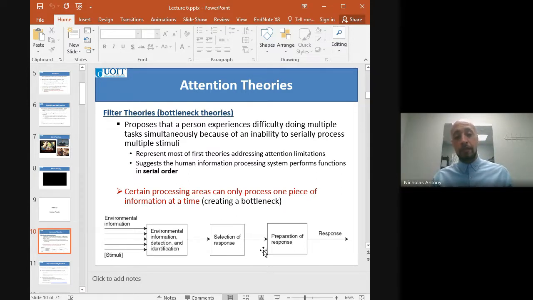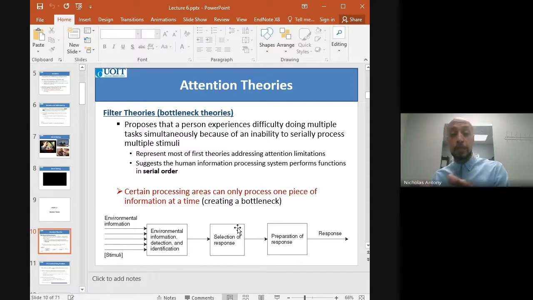So here we have a hypothetical schematic of what the brain would look like. We would have an area that's able to detect all of our sensory information, internally and externally, but the processing of the information coming in could only happen one at a time.